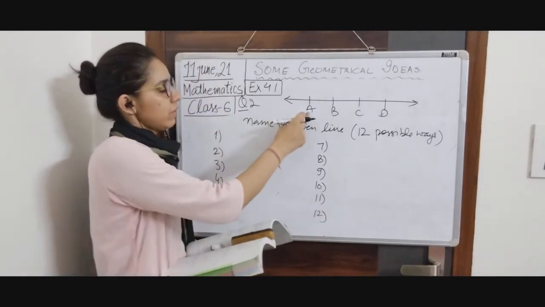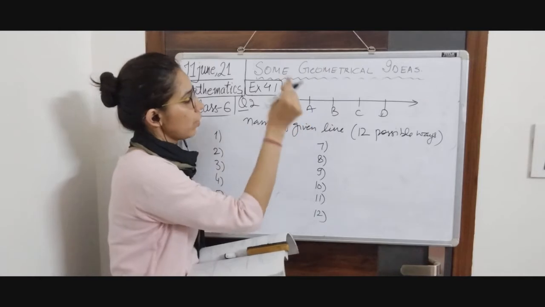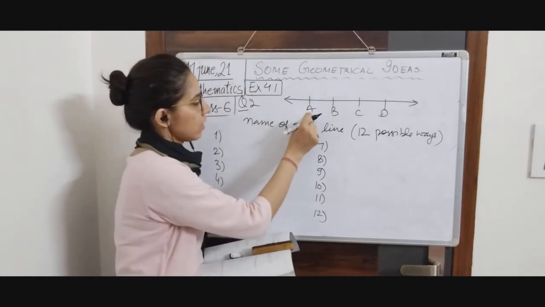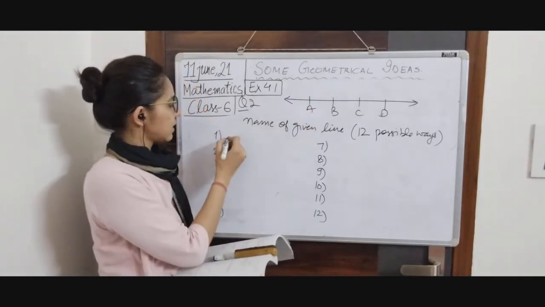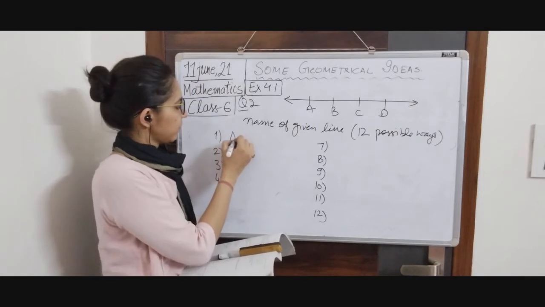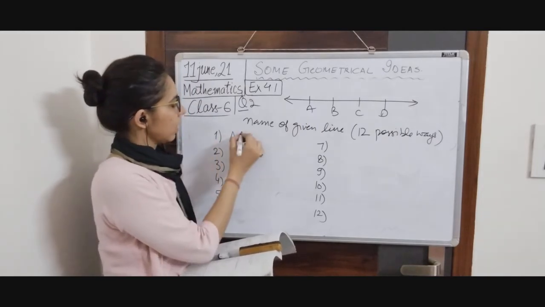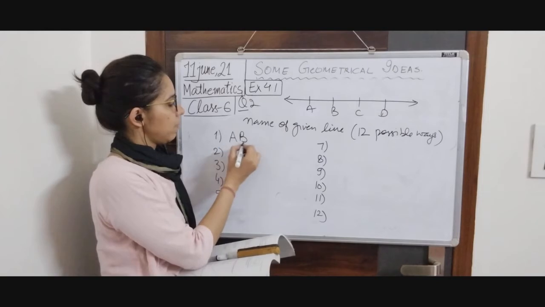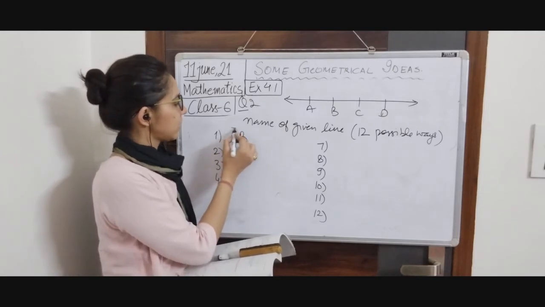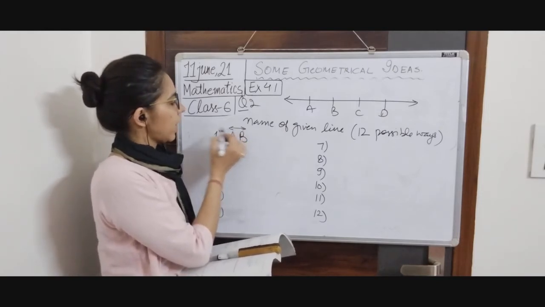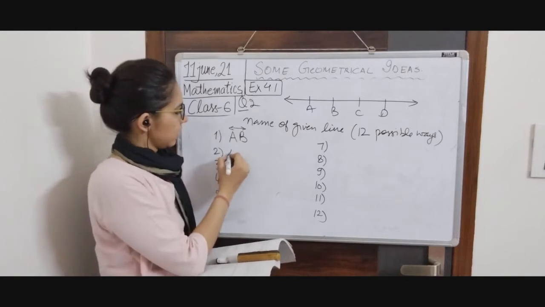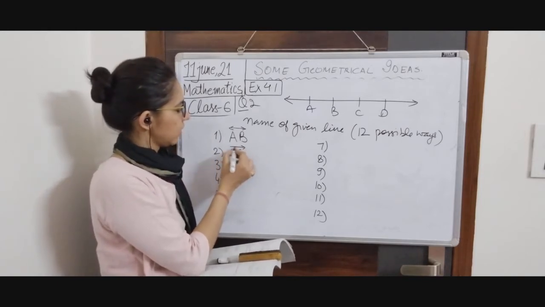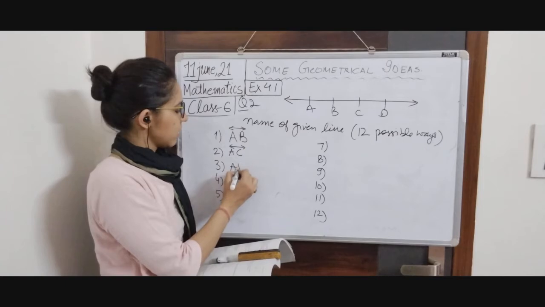We will start writing the lines with A as a point. AB, if we write it like this, it will become a line segment, so we will put a double-headed arrow on AB. Then AC, then AD.